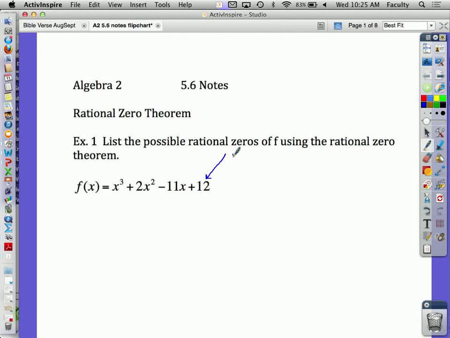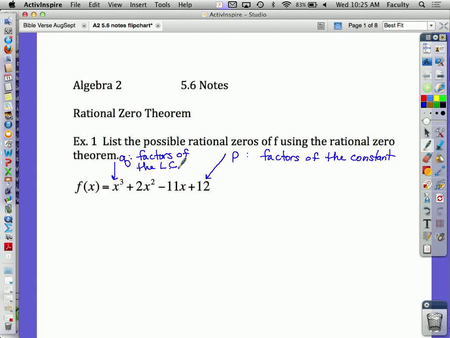is we're going to call the constant P. And P, we're going to list the factors of the constant. And a constant, remember, is a number without a variable. Q will be the factors of the leading coefficient.